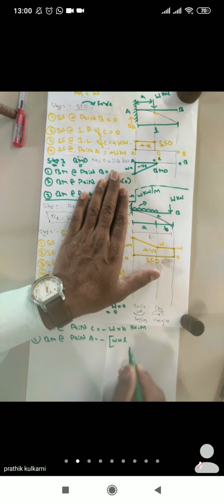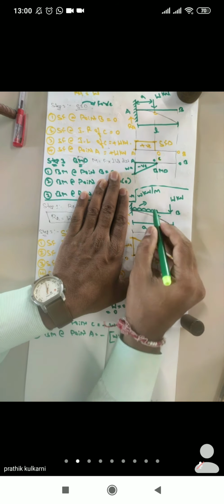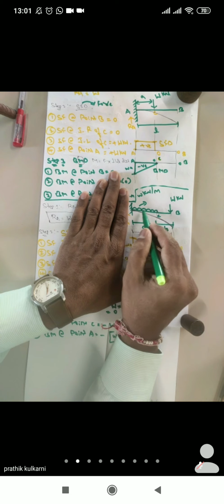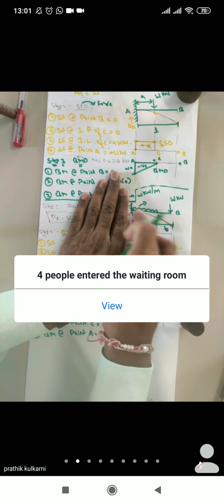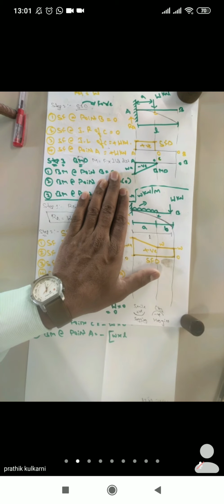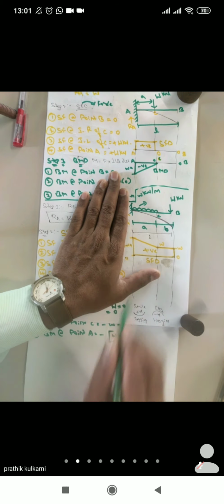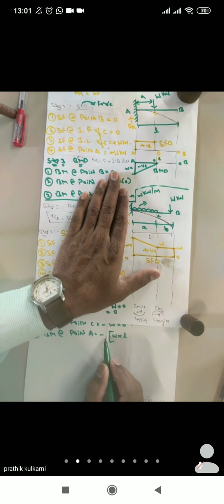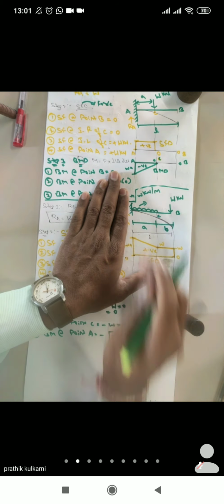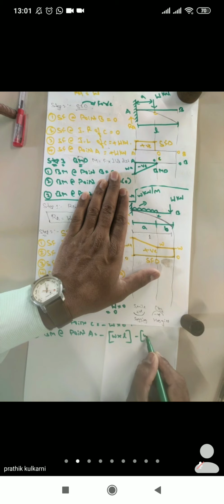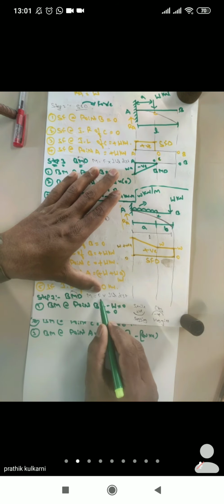So W into L. Now similarly, the UDL is also acting. Now the UDL, if you take, again it is in the shape of hogging bending. So I took it as minus only. So fine, I'll close it. So minus again, for the UDL, what is the total load we have? W into A is my total load. Why? Because moment is force into perpendicular distance.